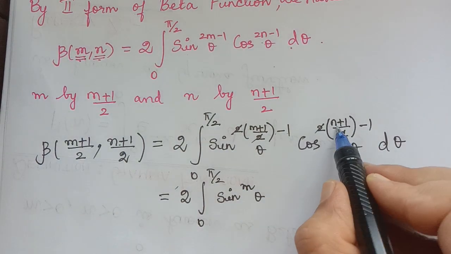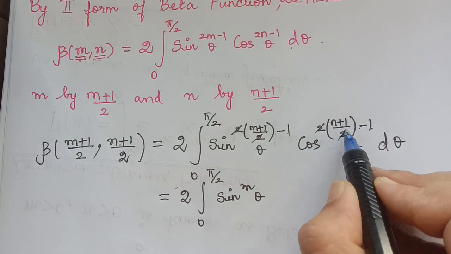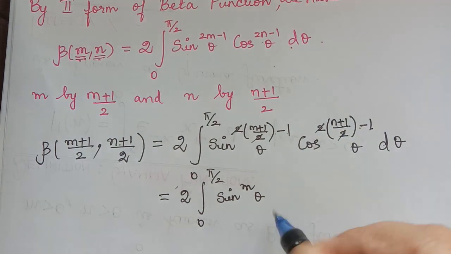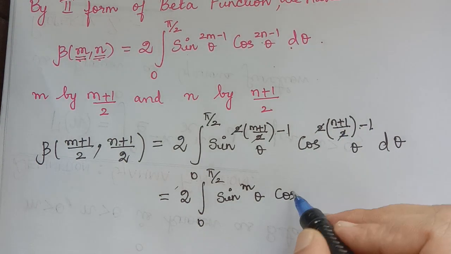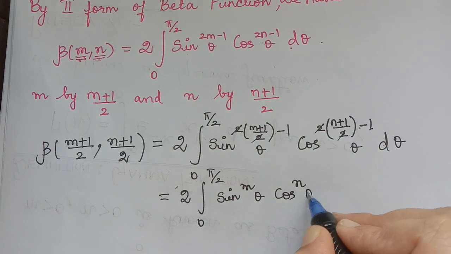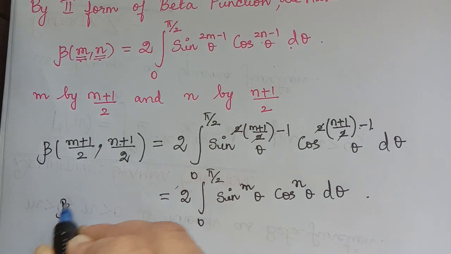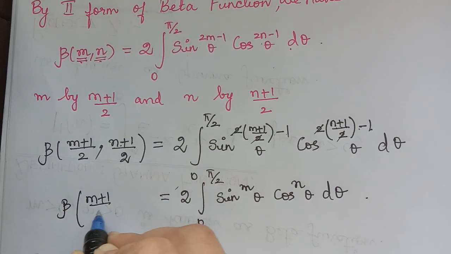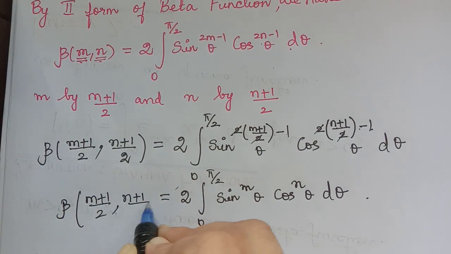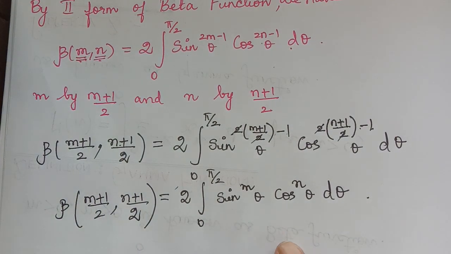And here also n plus 1 minus 1. So plus 1 and minus 1 will get cancelled and we will be left with cos to the power n theta d theta. So therefore beta of m plus 1 by 2 comma n plus 1 divided by 2 will be equal to this value.